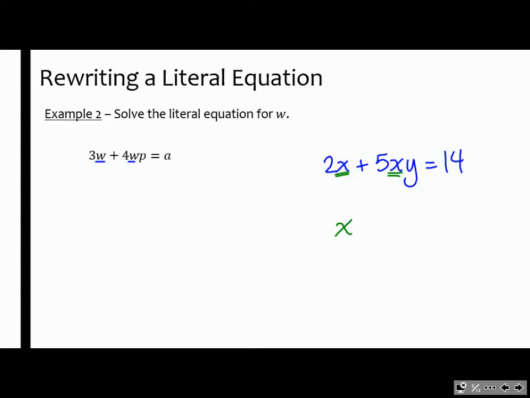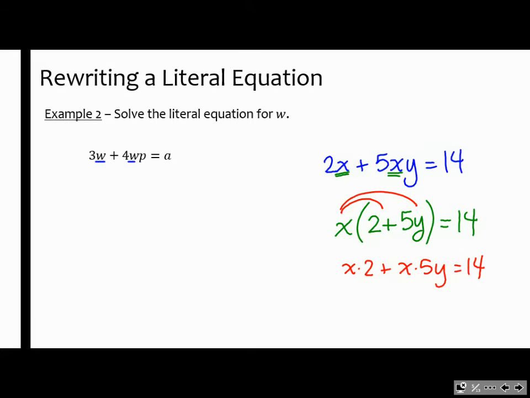X is a common factor. If I were to, say, factor it out of this expression, I'd be left with the coefficient 2 and the coefficient 5 and variable y for the second term. To show you how this works, if I were to use the distributive property, I'd have x times 2 plus x times 5y equals 14.